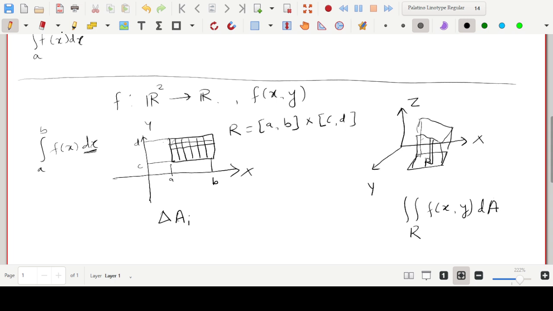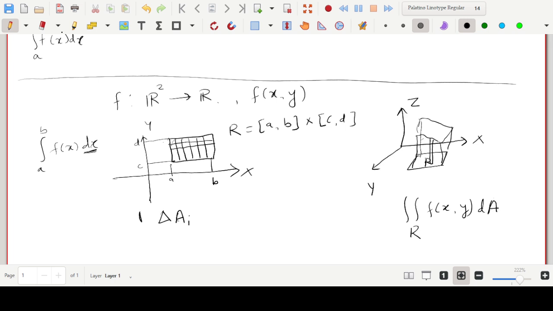Now the base area is delta AI, where delta AI is the area of the small rectangle, and again we do not know the exact height because in this small rectangle the function takes various values, so there is no fixed height that we can multiply to get the volume of that small pillar. So again we approximate.